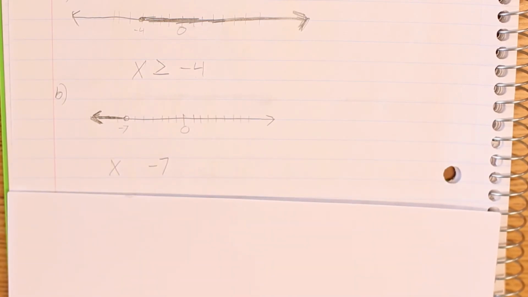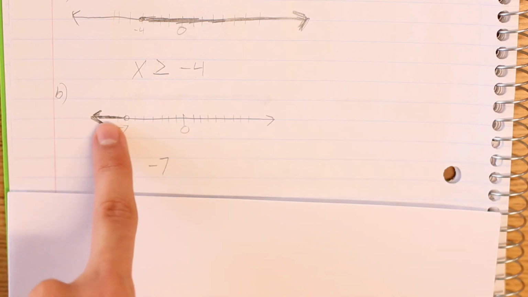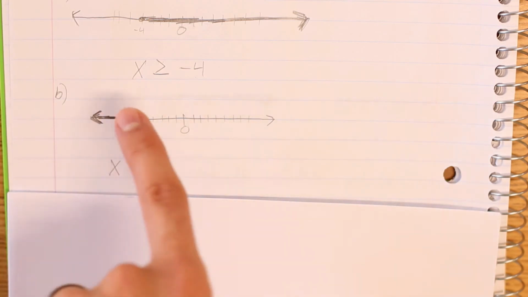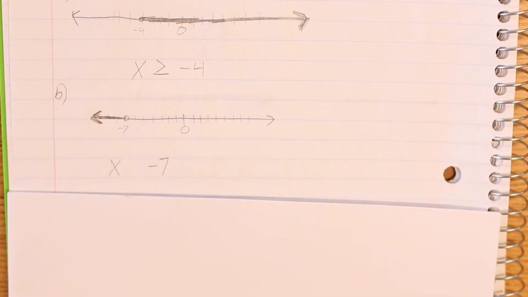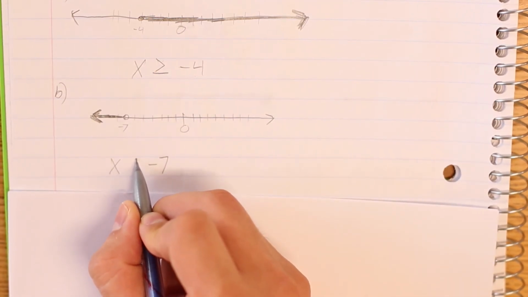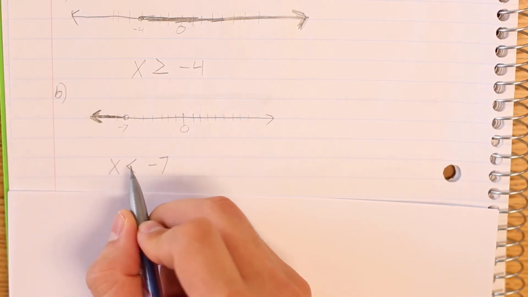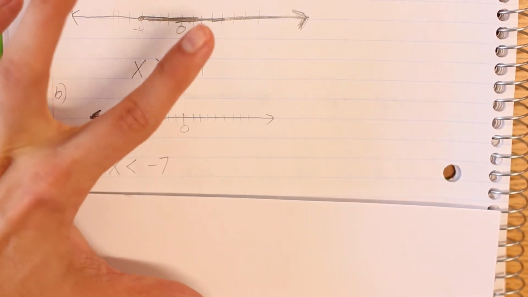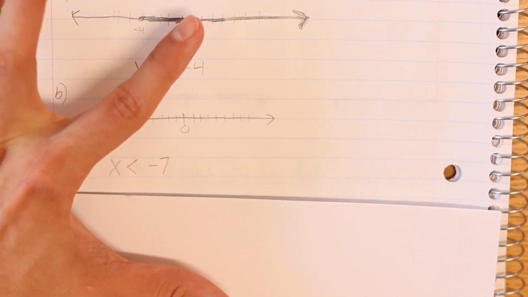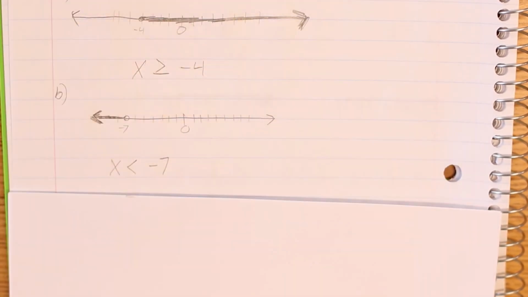I should use the less than symbol. Well, what am I saying is less than what? I'm saying x is less than -7 because this graph shows that I'm including all these negative numbers that are below -7. So I'm going to put a less than symbol, which means to show that x is less than -7, you got to make sure the V is opening up towards the -7, okay? Make sure the V is opening up towards the -7.